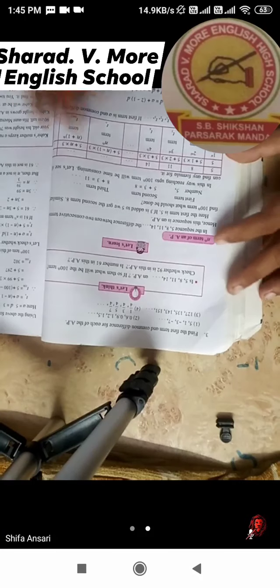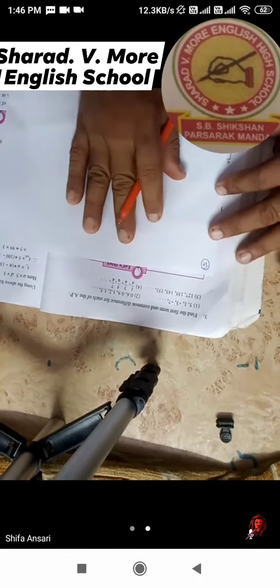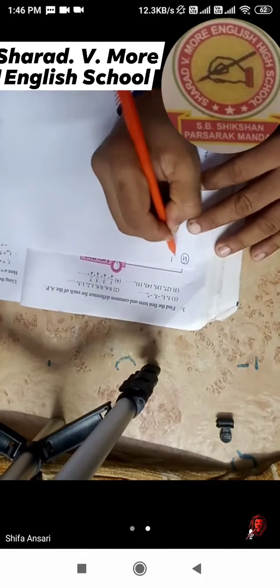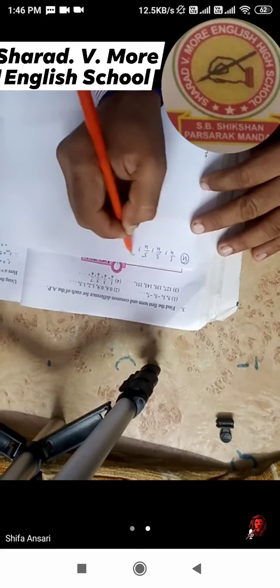Now you have to solve question number 3 at home. Now I am solving the last question of it, question number 4. Okay, question number 4. 1 upon 4 comma 3 upon 4 comma 5 upon 4 comma 7 upon 4 and so on.